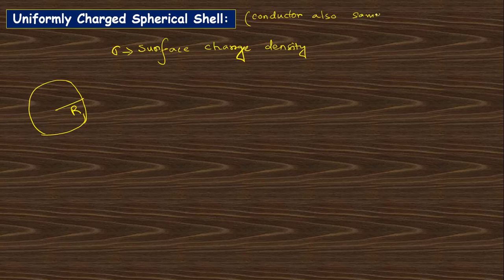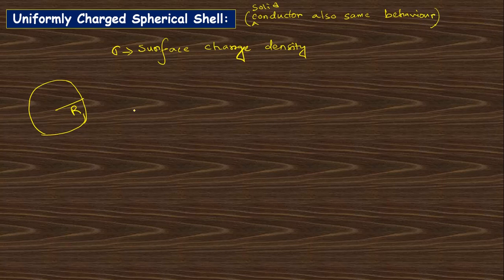So this is a uniformly charged spherical shell with surface charge density sigma. In the case of a conductor it is the same thing, because in a conductor the charge is distributed on the surface, so the surface charge density applies. A solid conductor also behaves the same way, with the same behavior as the shell.